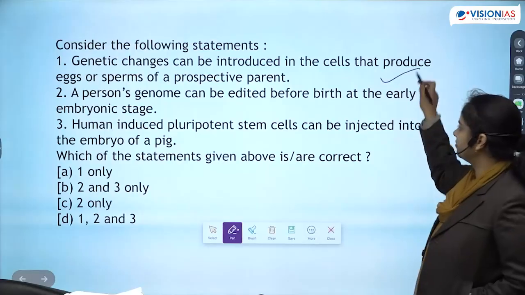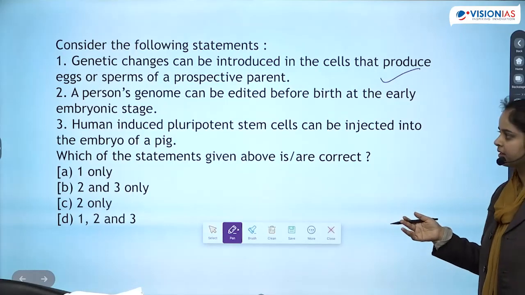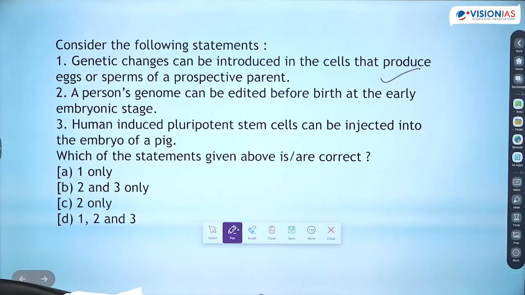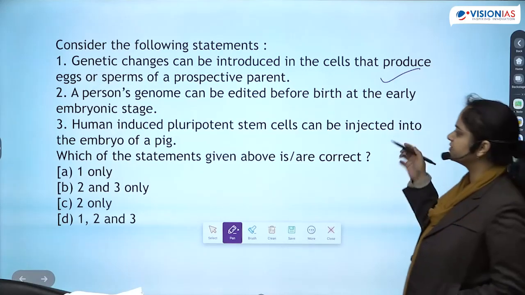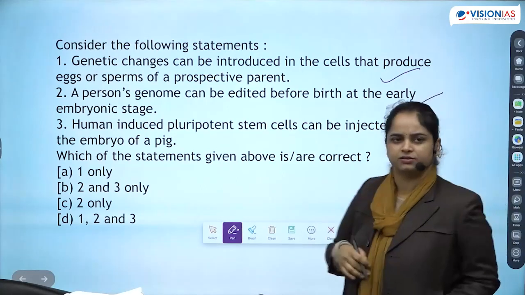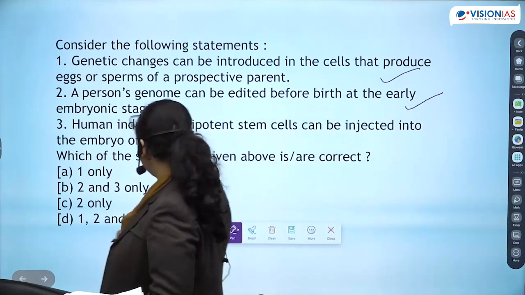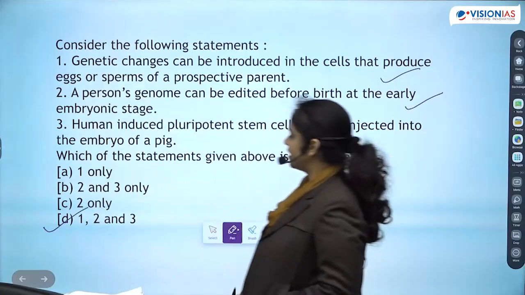But this can definitely be done. Then a person's genome can be edited before birth at the early embryonic stage. Yes? So embryo, again same logic, less number of cells, easier to introduce changes. Now if you can agree with these two statements, your answer will be D.